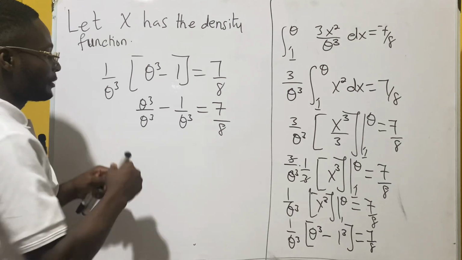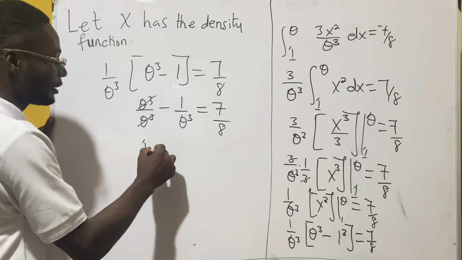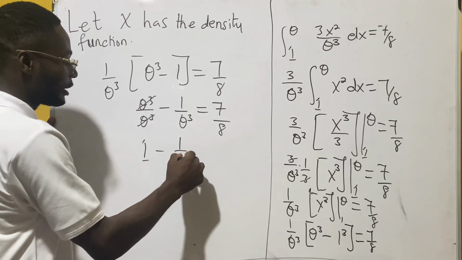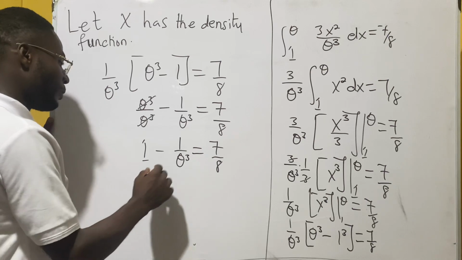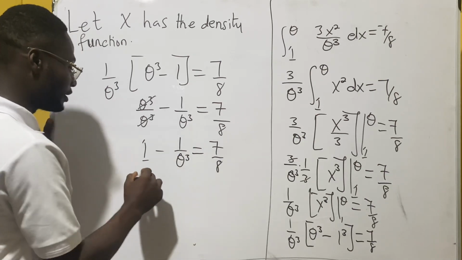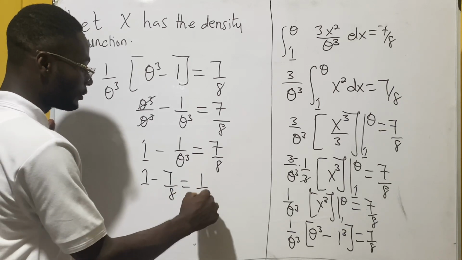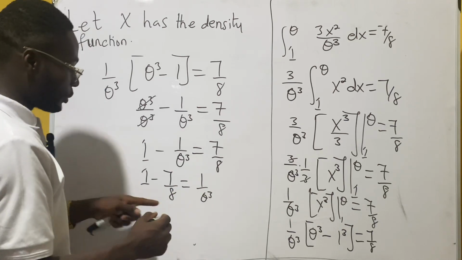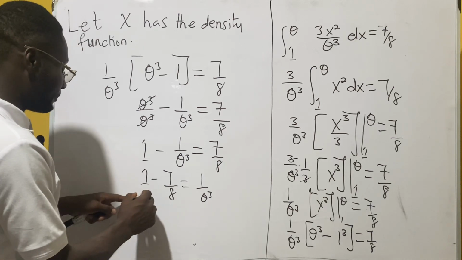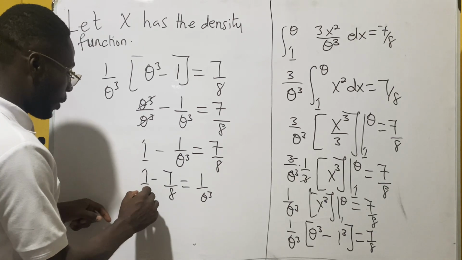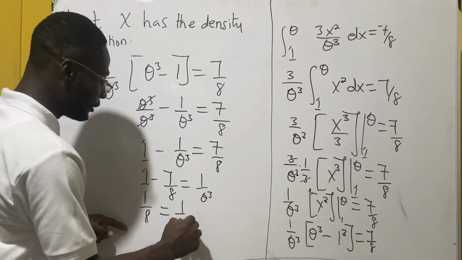We know that this will give us 1, because this will take off this. We have 1 minus 1 on theta cubed equals 7 on 8. We can send this here and bring this here, so 1 minus 7 on 8 equals 1 on theta cubed. Here 1 minus 7 on 8 is basically 1 on 8, so that is equal to 1 on theta cubed.